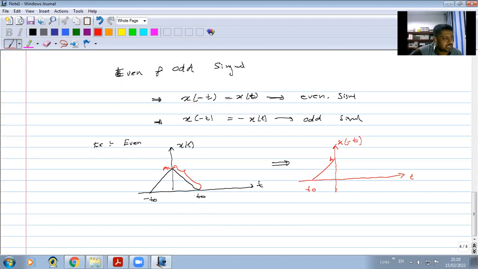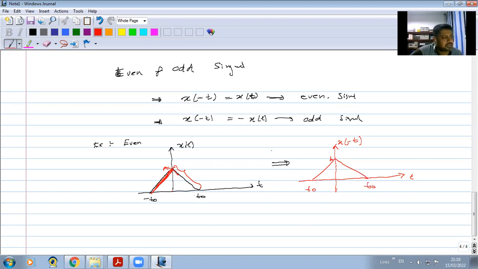Now please consider this section. If this is time reversed, you again have to get the mirror image. If you get the mirror image for this part, it will be like this up to t naught.